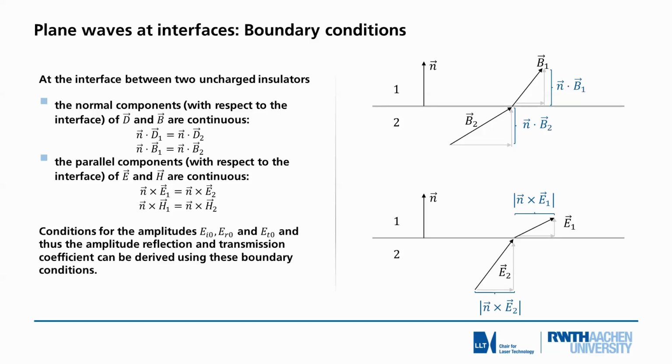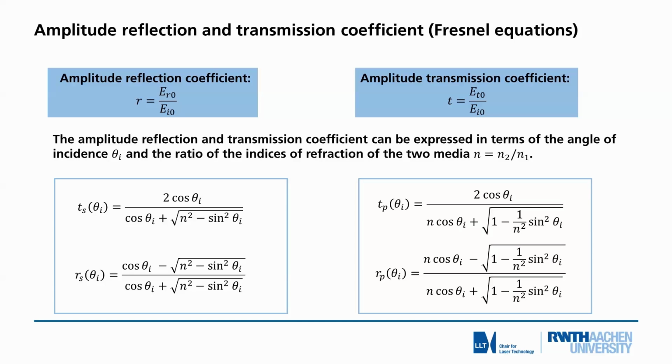And the same thing holds for the electric field, but now not for the vertical parts of the electrical field, but for the components of the electric field parallel to the surface at which we have the change from medium 1 into medium 2.